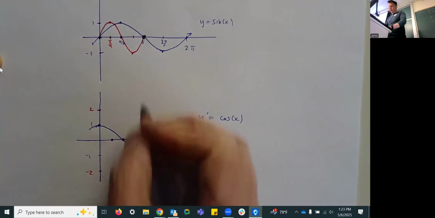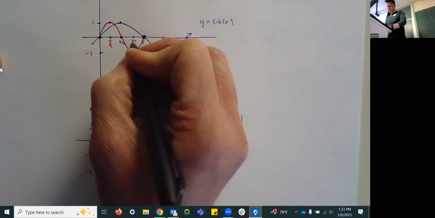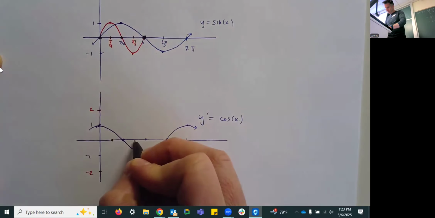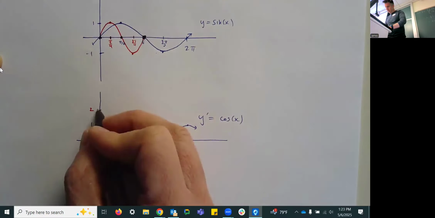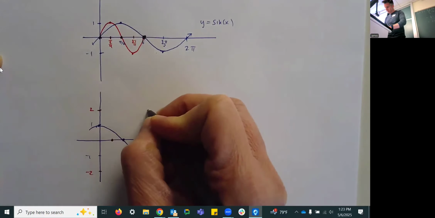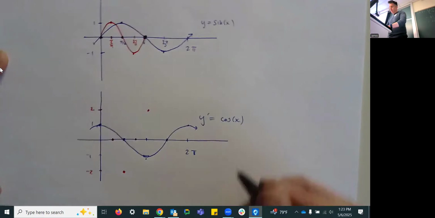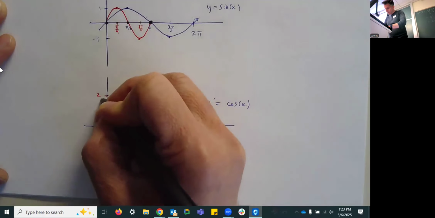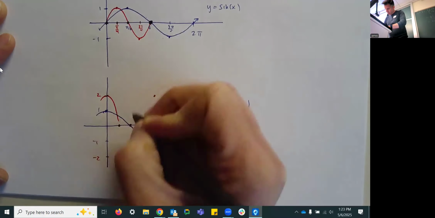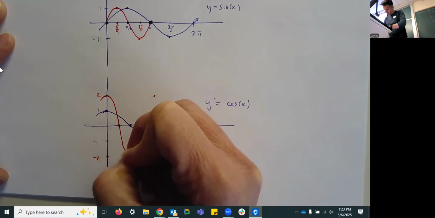And then at 3 pi over 4, back to the slope being 0. And then at pi, the slope is back to being +2. So check it out. When we graph this, it looks like a cosine function.